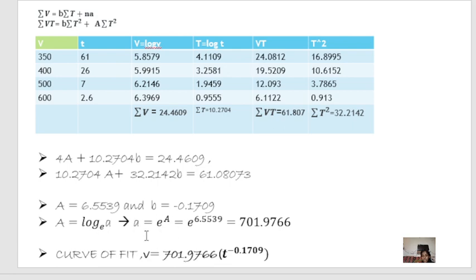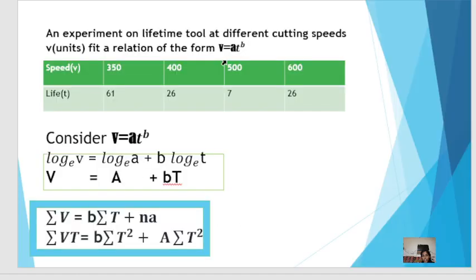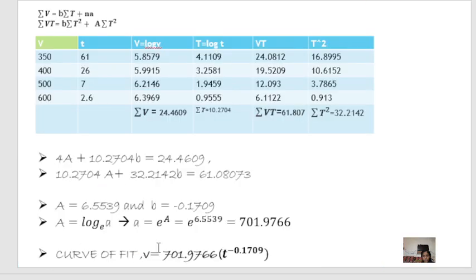Once we have found the small a, the next thing is substituting in the equation. The equation is what they have given here, v is equal to a into t power b. So in the place of a, we have got the value 701.966, and in the place of b, 0.1709. This is the curve fit for the given equation.